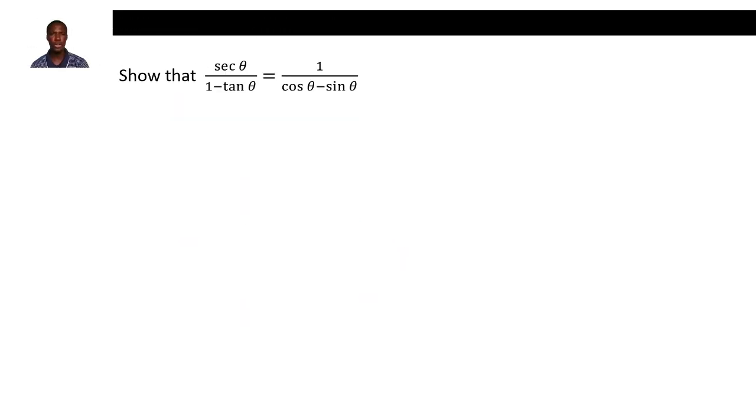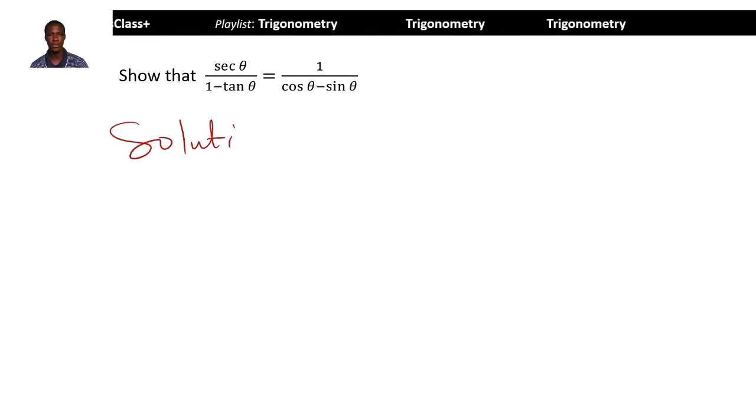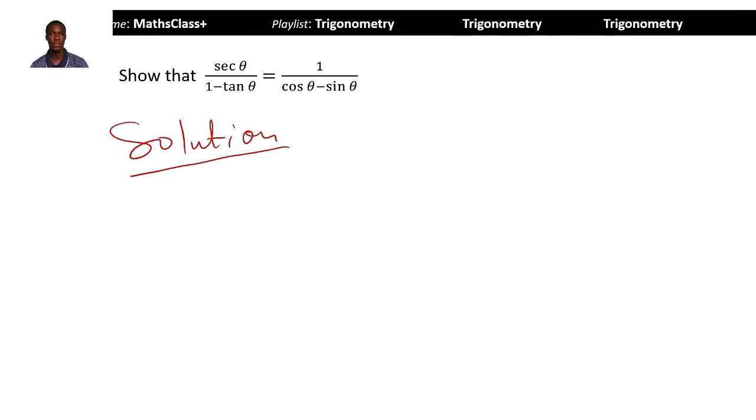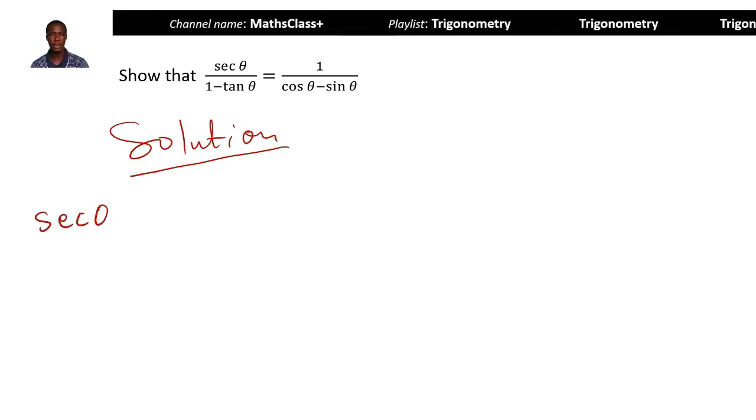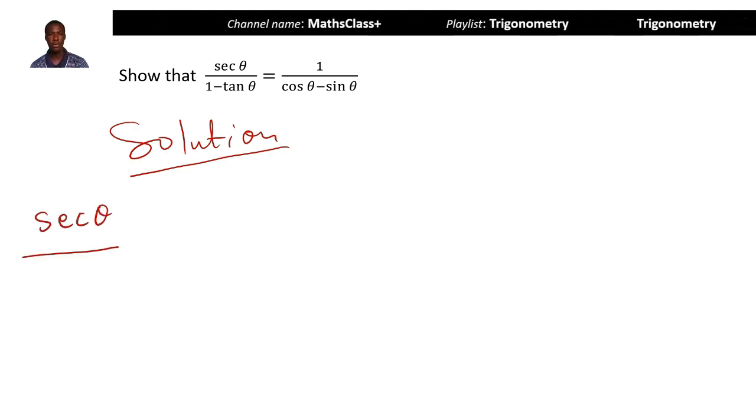Okay, so we are to show that a fraction with numerator sec theta divided by denominator 1 minus tan theta is equal to a fraction with numerator 1 and denominator cos theta minus sine theta. Okay, let's solve. Sec theta over 1 minus tan theta.